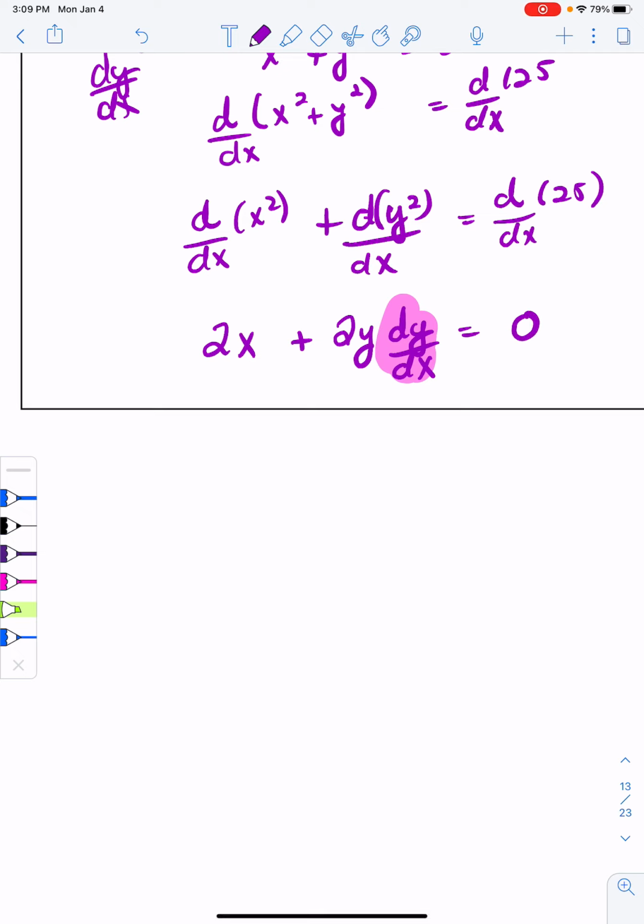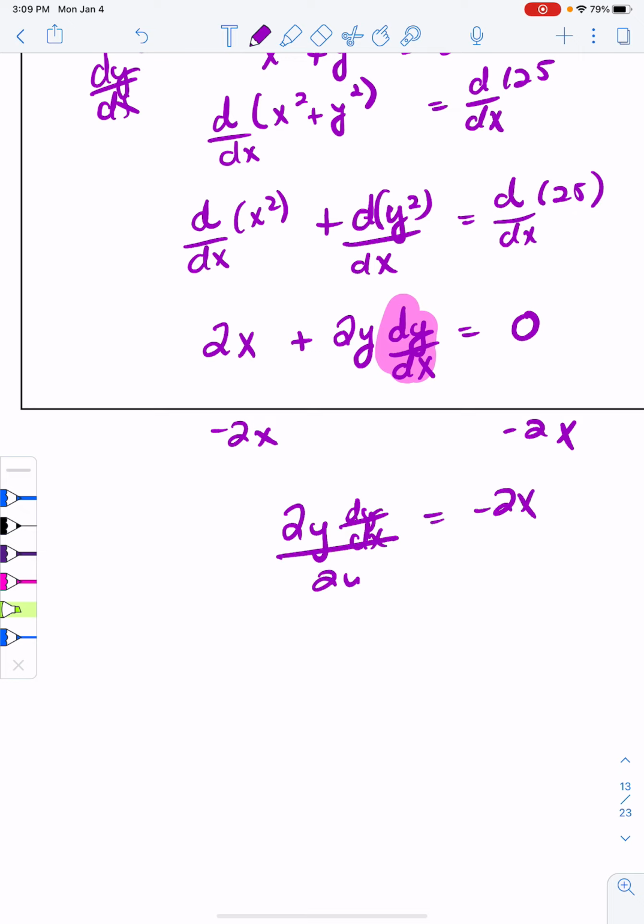And so in order to finish this derivative, we have to isolate that dy dx term. So we're going to subtract 2x from both sides and get 2y dy dx is equal to negative 2x. Divide both sides by 2y in order to isolate that dy dx term. And then we're going to get negative x over y.